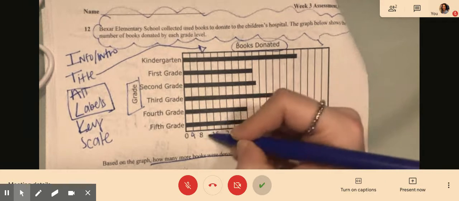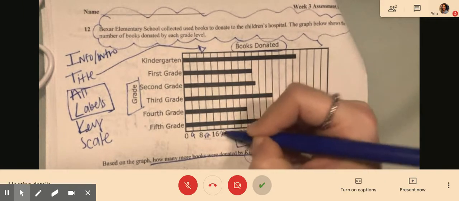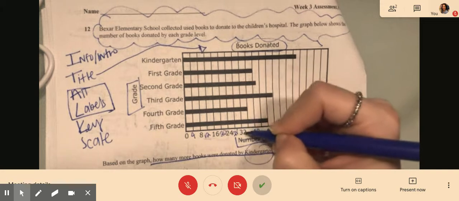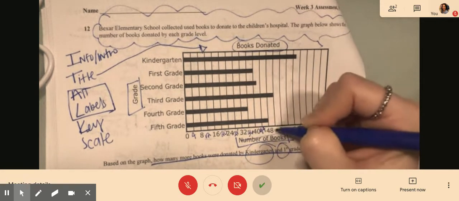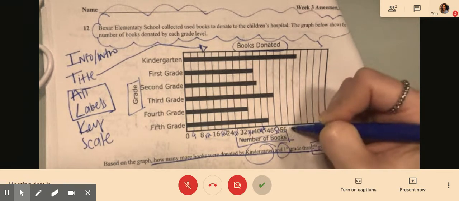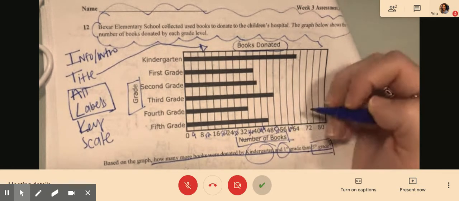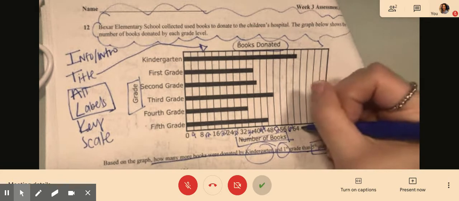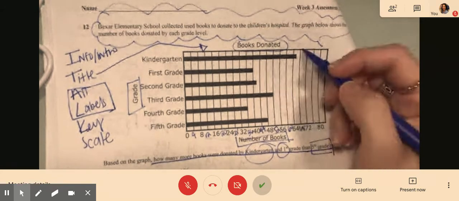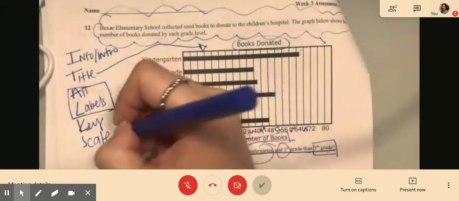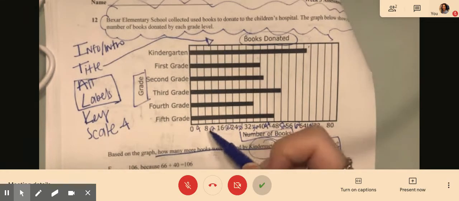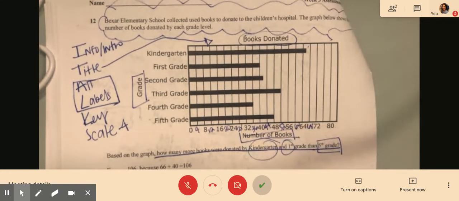So 4, 8, 12, 16, 20, 24, 28, 32, 36, 40, 44, 48, 52, 56, 60, 64, and 68 is where I'm going to stop because I know that my graph does not go beyond that. So my scale is going by 4s. So you have to check if there's a line between 0 and 8, or 0 and that next number. That means that it's going to the middle.